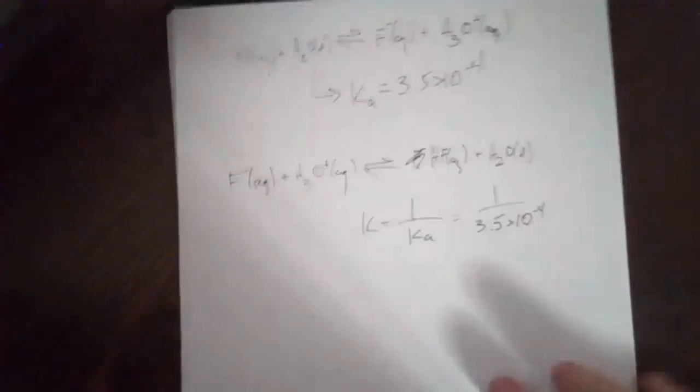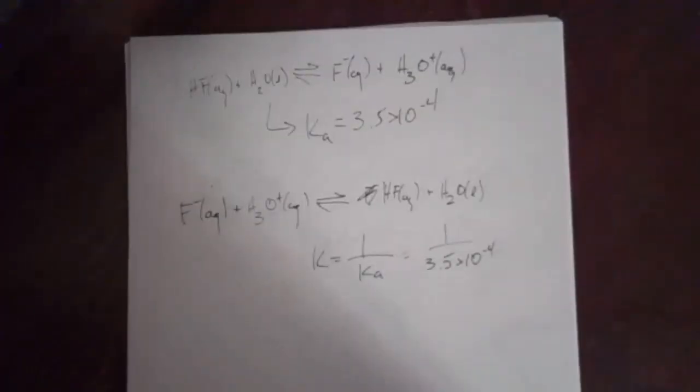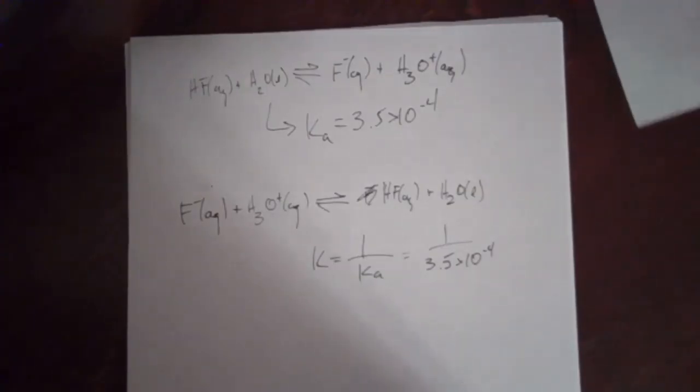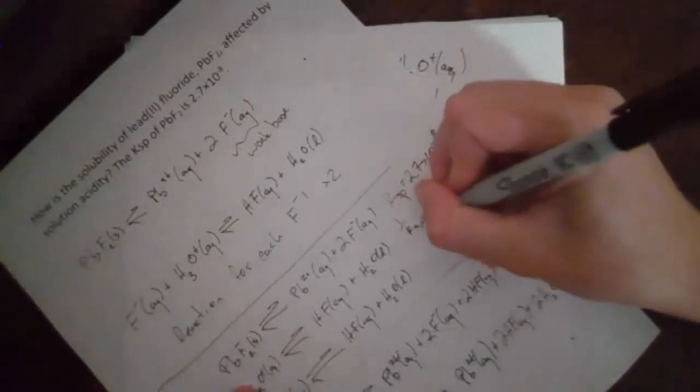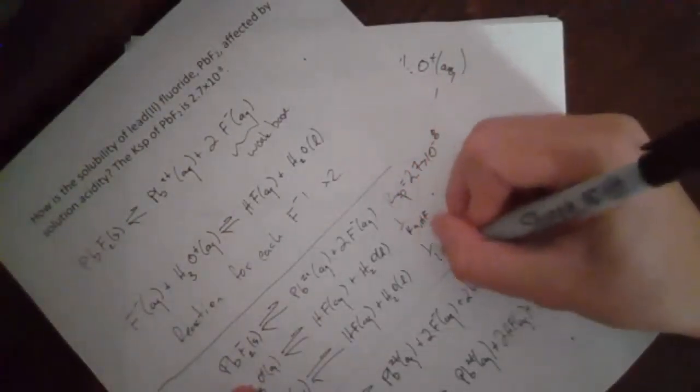So that would be 1 divided by 3.5 times 10 to the negative 4th. So we can see that our overall reaction is the KSP. The K for this is going to be 1 divided by the Ka of HF.